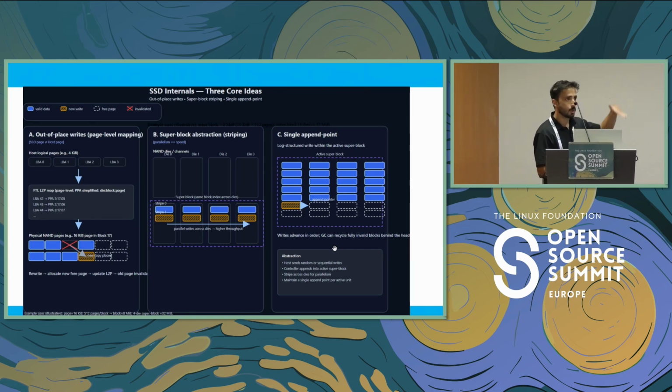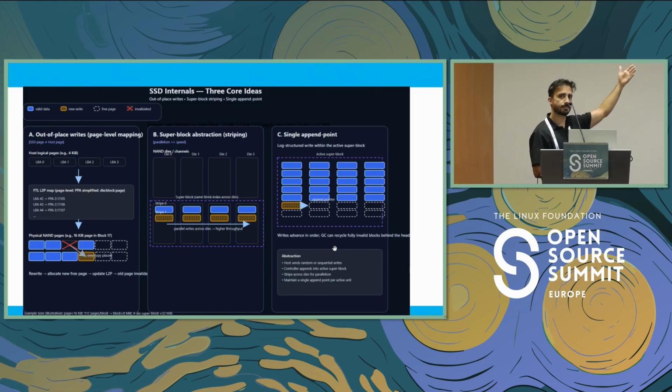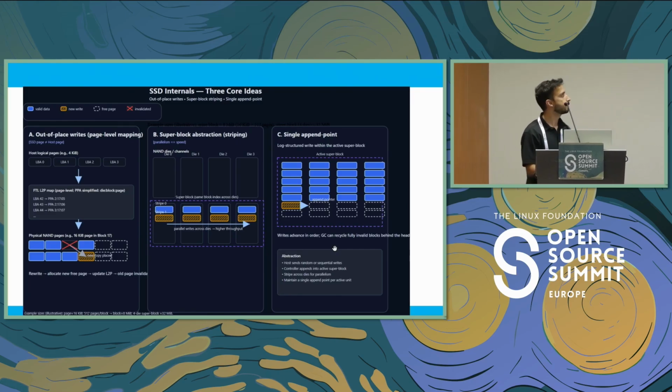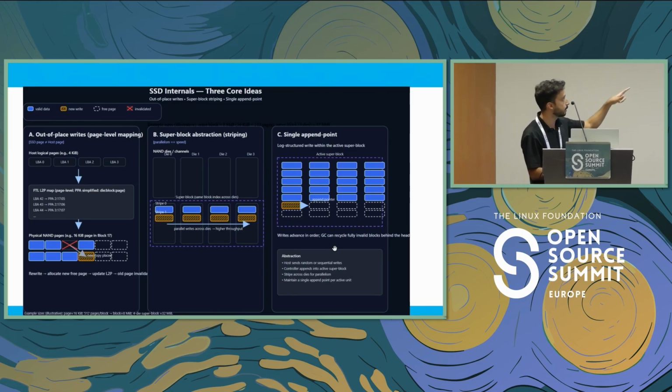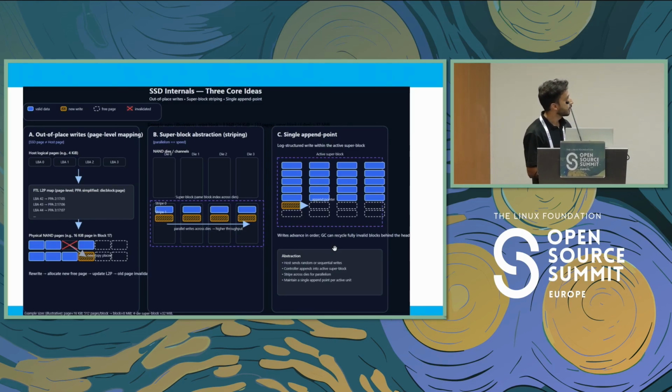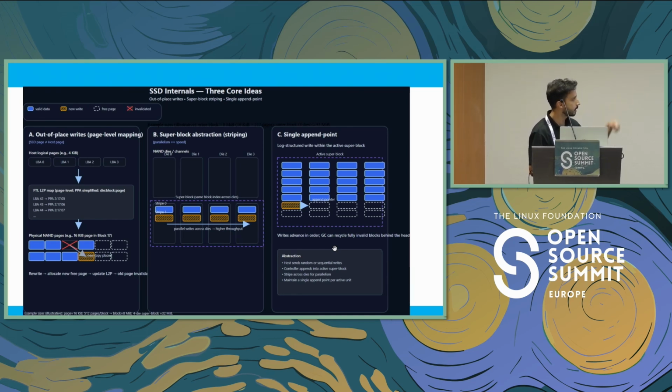If we are at the lowest level, if you are above the file system level, you deal in terms of bytes. There would be a table within the SSD, and that table is going to do a mapping between the host issued logical block addresses and the addresses that the SSD actually is going to decide, which are called physical page addresses here, PPA. So that's the mapping, and data is getting written into those NAND pages here.